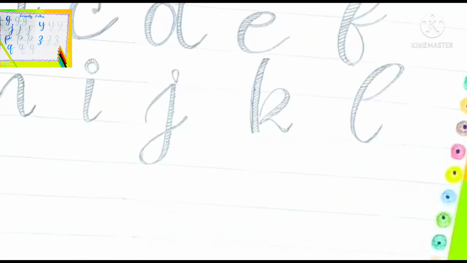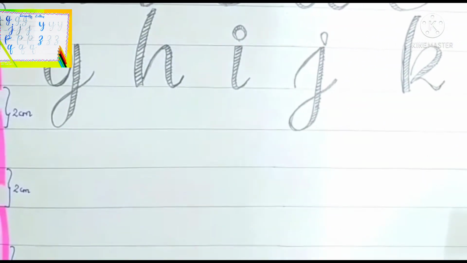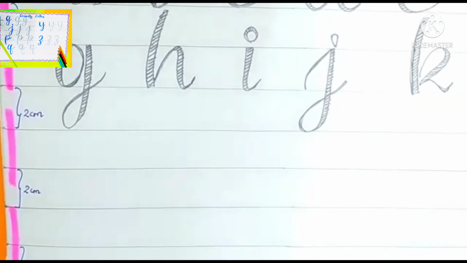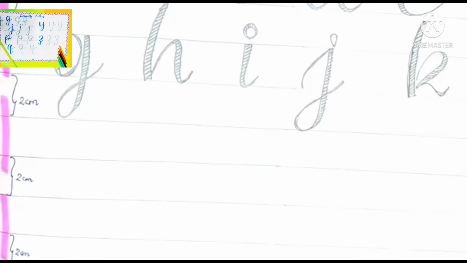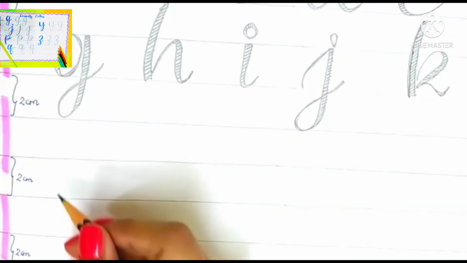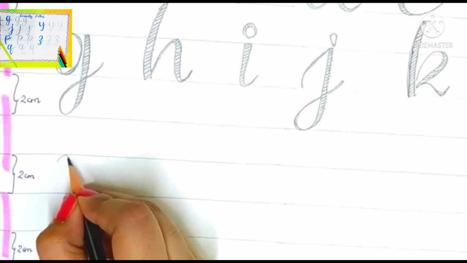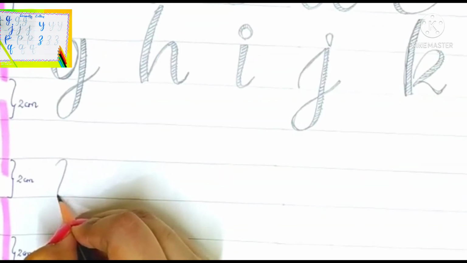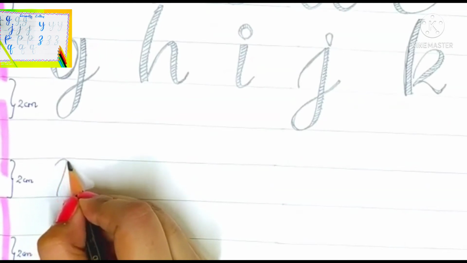Now we come to the next letter, the letter M. So with this, letter L is complete, and now we come to letter M. M is a letter which has an I shape, right? So first of all, you will make an I. Very good. So it's a downward stroke.